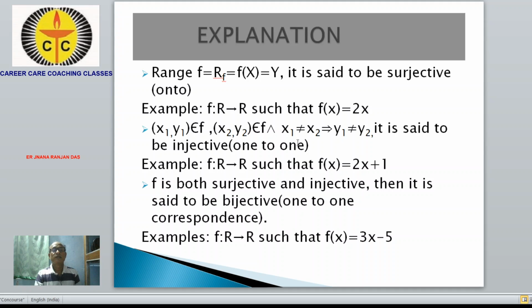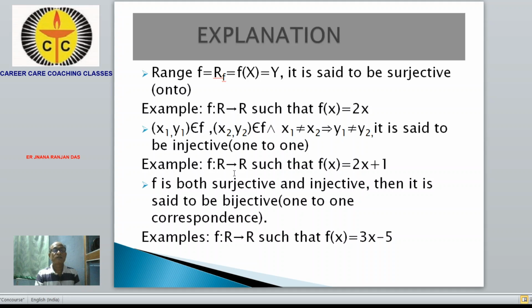That means one element is related to a particular element one-to-one. If x1 is equal to x2, then y1 automatically equals y2. So a particular element is related to a particular element of the second set. This is an injective or one-to-one function.